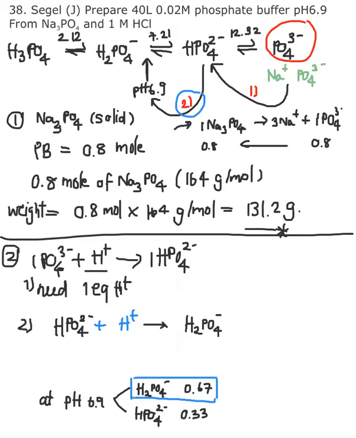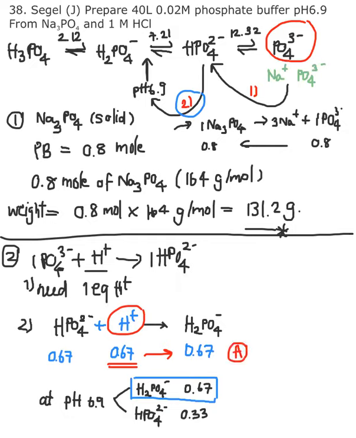If you want to make 0.67 equivalents of H2PO4-, you would need 0.67 equivalents of proton to react with 0.67 equivalents of HPO4 2-. So the amount of proton here depends on the ratio of the acid species.